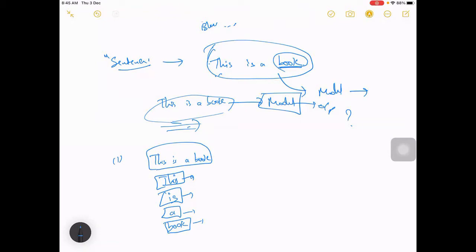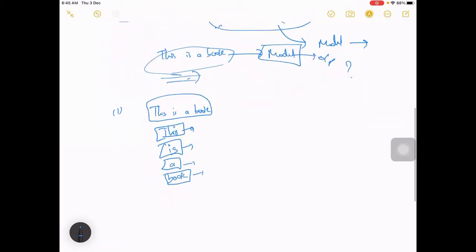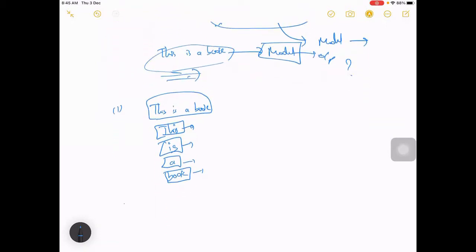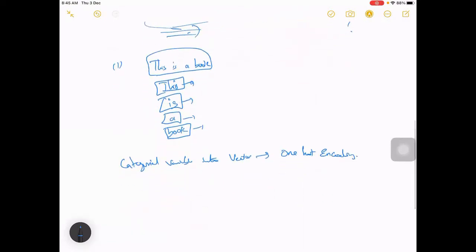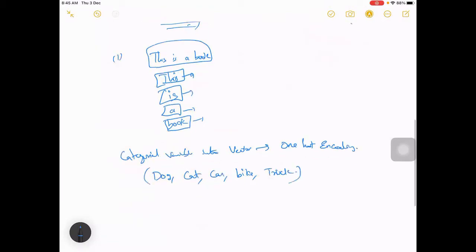For this, if you recall from our previous topics, we converted a categorical variable into vectors, which is one hot encoding. There, let's say you have classes like dog, cat, car, bike, and truck. These are the classes we want to classify.